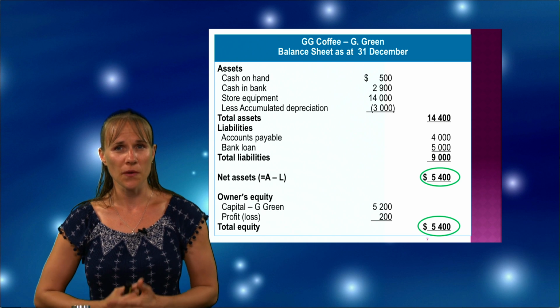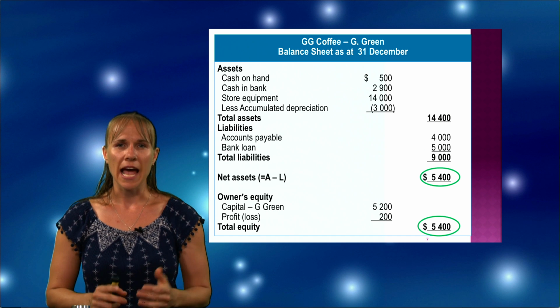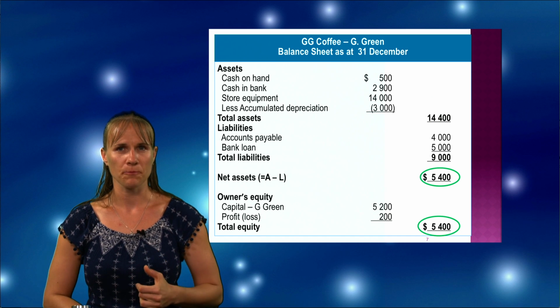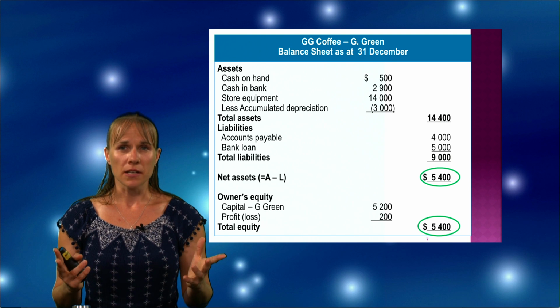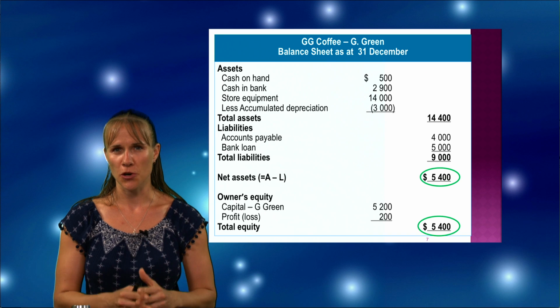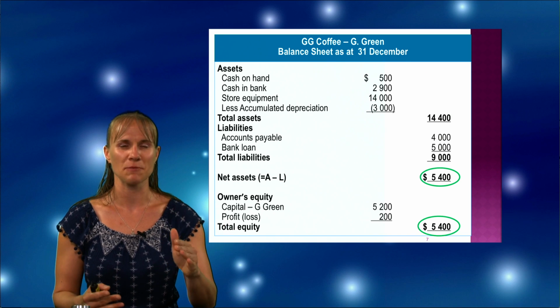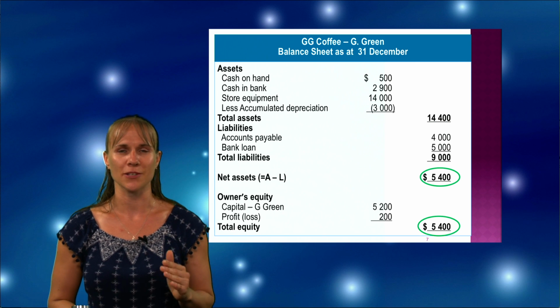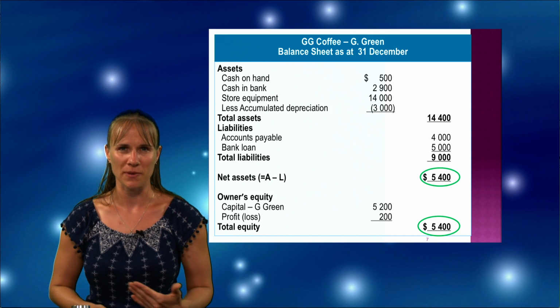Then we look to the owner's equity section where you can see we've got our 1 capital account and profits in there as well. Also note on the balance sheet that assets minus liabilities equals total equity. So our accounting equation is standing true. I just wanted to slip that one in there to show you just how important that accounting equation still is because you need to be very familiar with it for the next few topics.